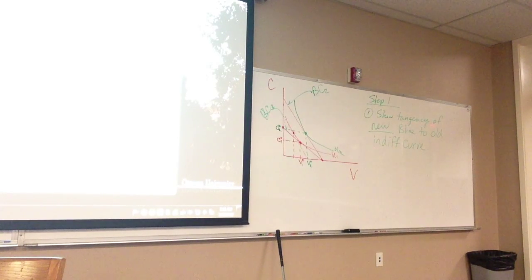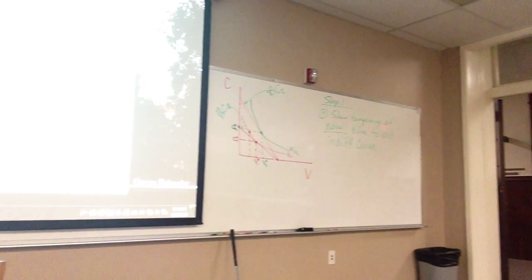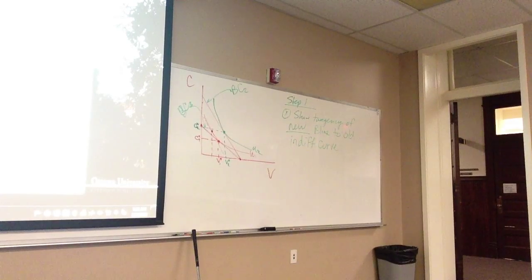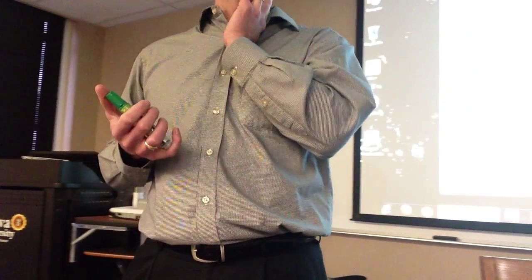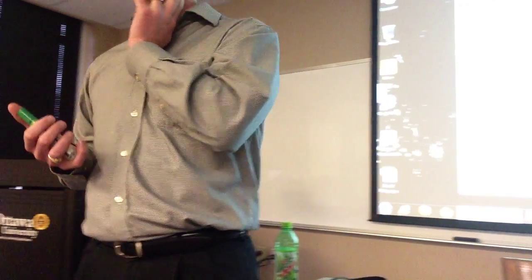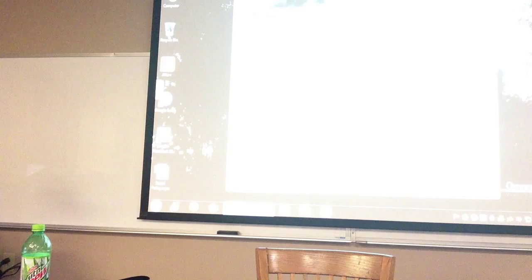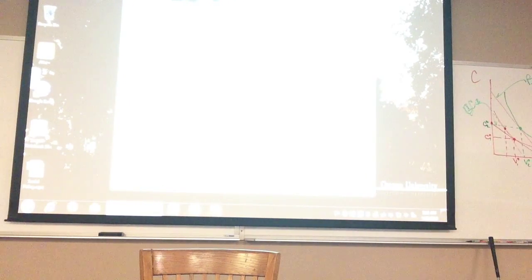Part A, write down part A. It rotates inward because there's an increase or decrease in price? Increase. So it rotates inward. So the new budget constraint is the one on the inside.